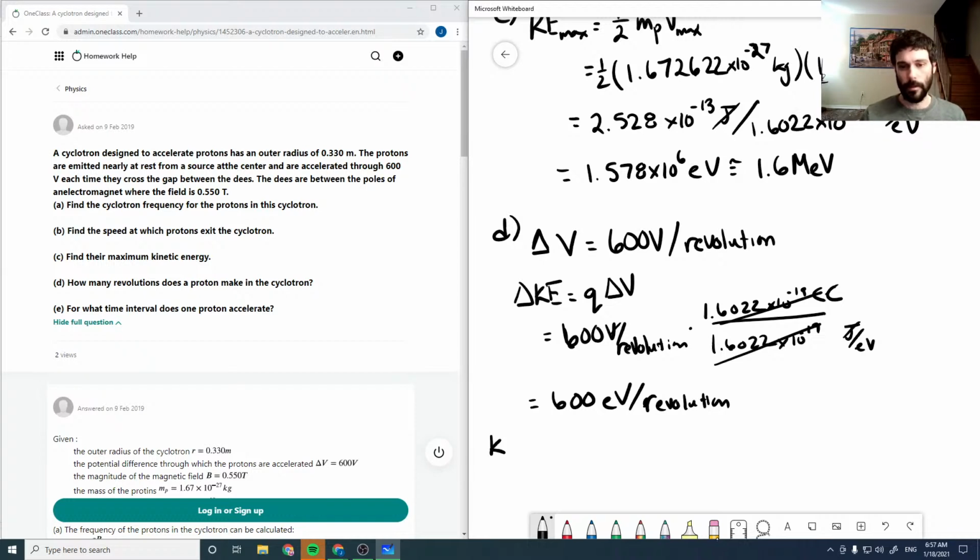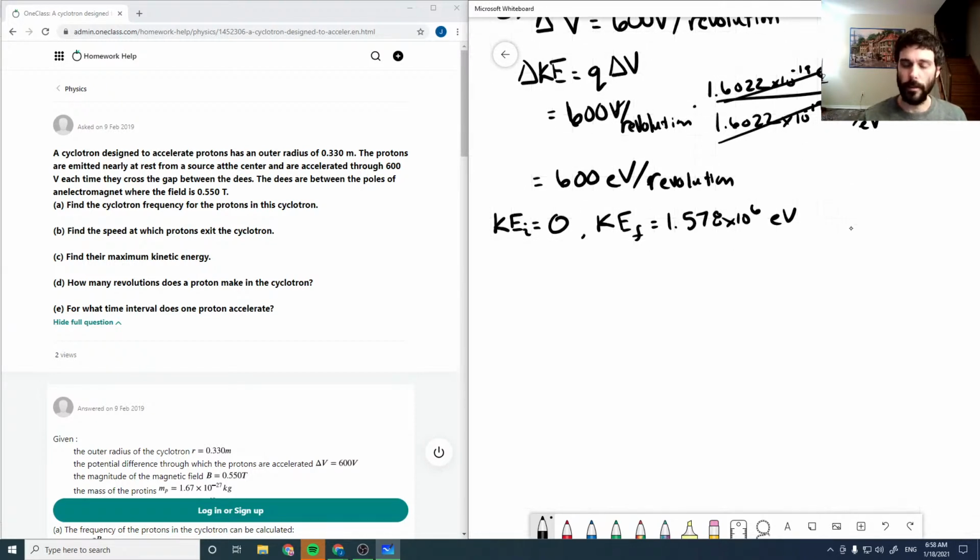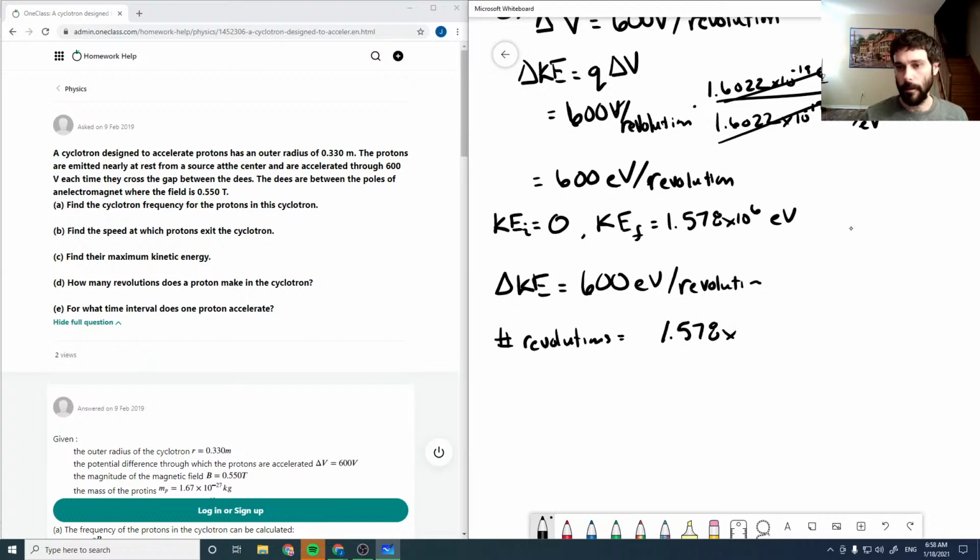So then if our KE initial is 0, and our KE final is 1.578 times 10 to the 6 eV, and we have a delta KE of 600 eV per revolution, then the number of revolutions is just our 1.578 times 10 to the 6 eV minus 0, minus our initial, which is just 0.